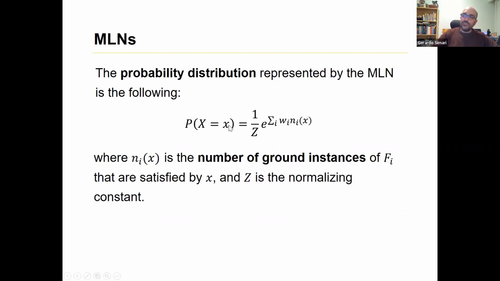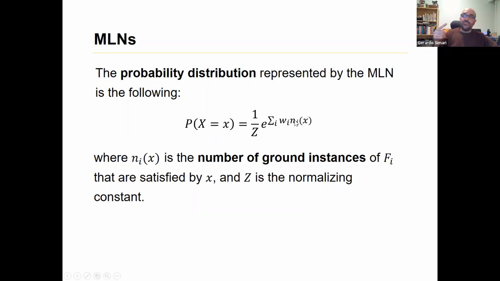There is one detail, though, since I'm dealing with features. This is just a consequence of the formula, but it's a simpler way of thinking about it. Instead of having here the value of the feature, I have the number of ground instances that are satisfied by x.